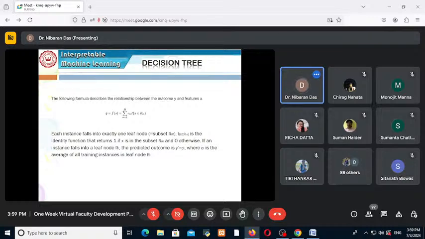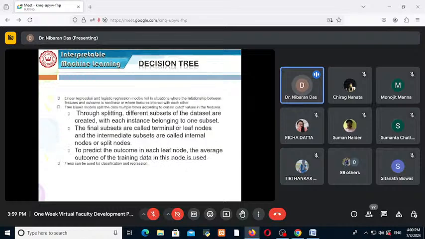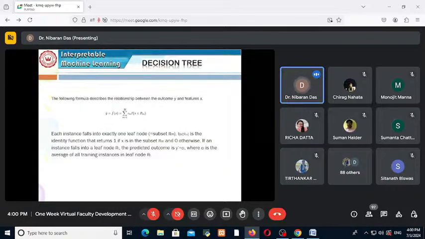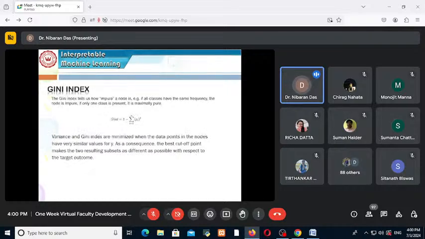Decision tree, here the following formula, because as we know, we need to describe the interpretability of a decision tree, and you could remember a decision tree could select a particular feature based on either Gini index or entropy. So the Gini index tells how impure a node is, and if all classes have the same frequency, the node is impure.